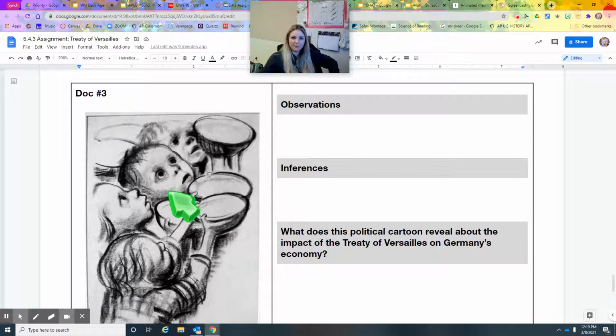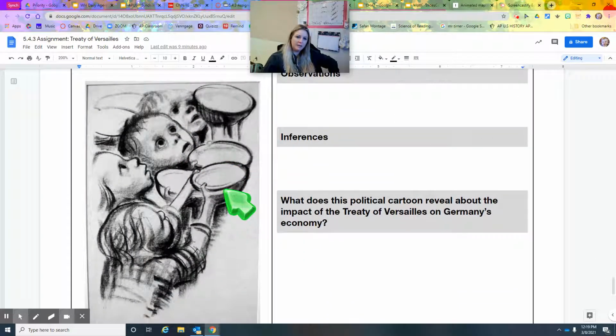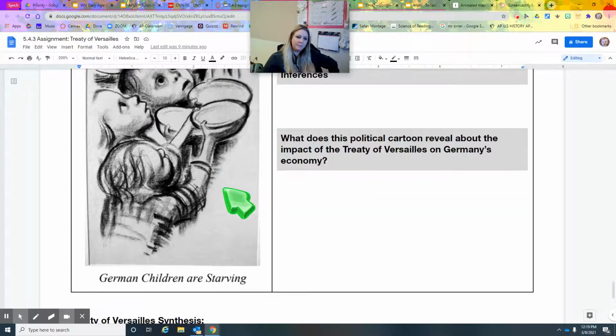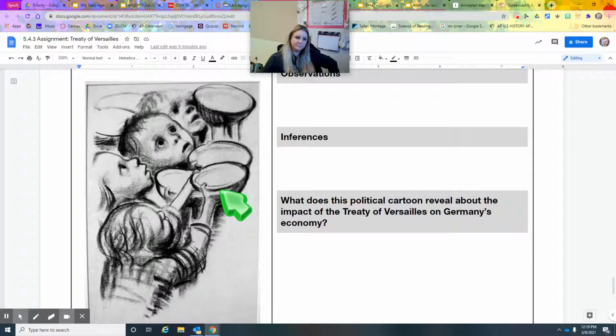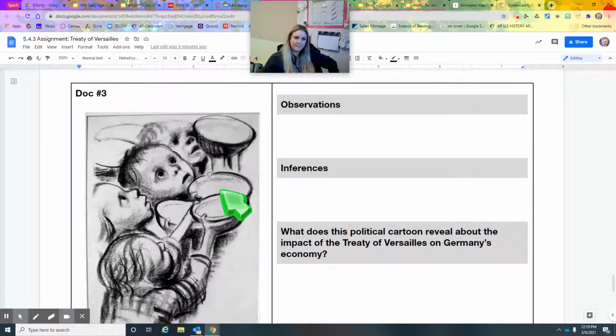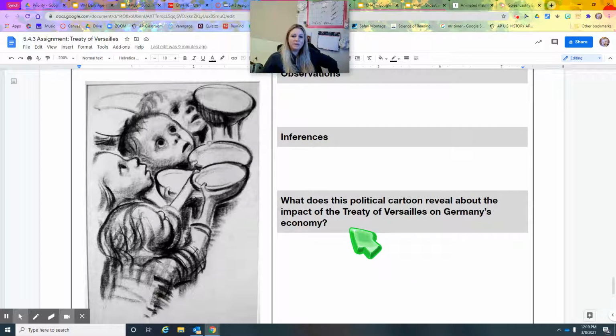Okay, document 3. So this is an image of German children who are starving, it says. What are your observations? What do you think it means? Those are inferences, what do you think it means? And what does this political cartoon reveal about the impact of the Treaty of Versailles on Germany's economy?